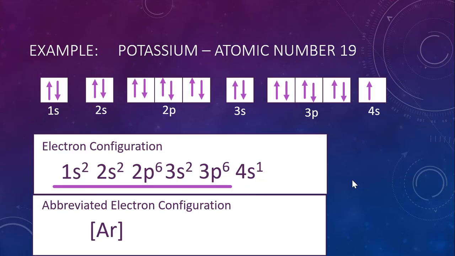So it's a replacement, a shorthand. We drop those and just write argon in square brackets, and then put the rest of the configuration, 4s1. This is the abbreviated, kernel version, which shows the core electrons that precede the last electrons in the element.